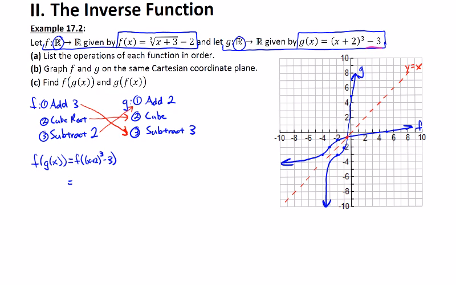On f, there is a single x represented underneath that cube root. So that's where I'm going to substitute in the expression for g of x. So this is going to say the cube root of, and I'm supposed to substitute in (x plus 2) cubed minus 3.